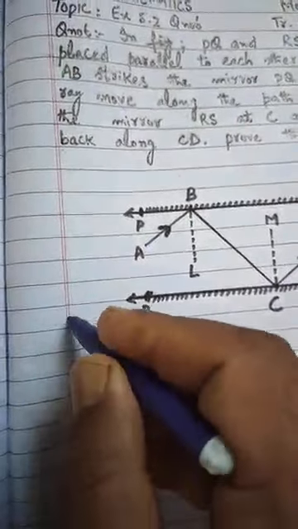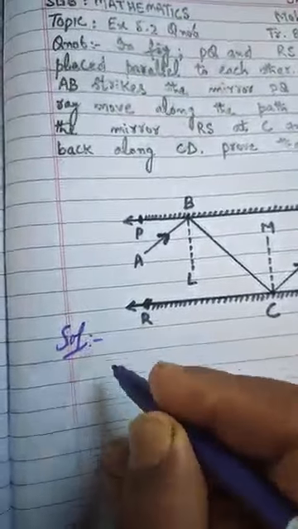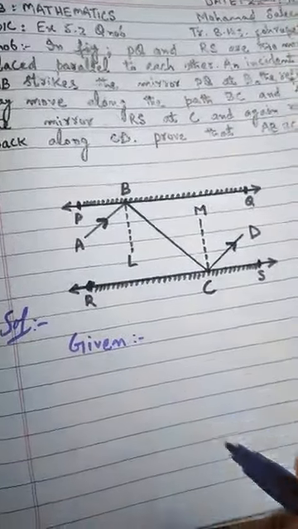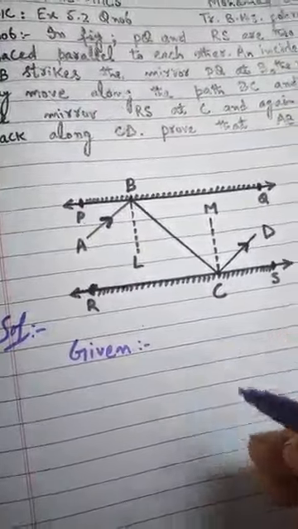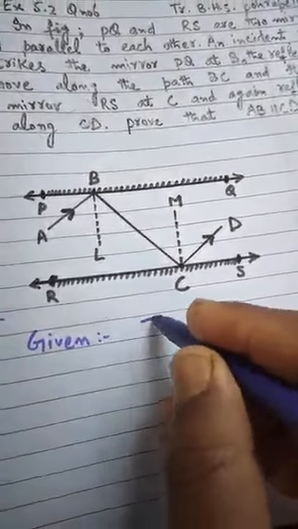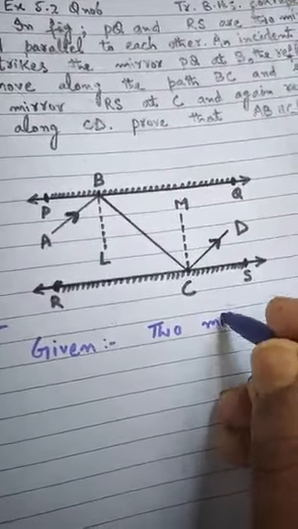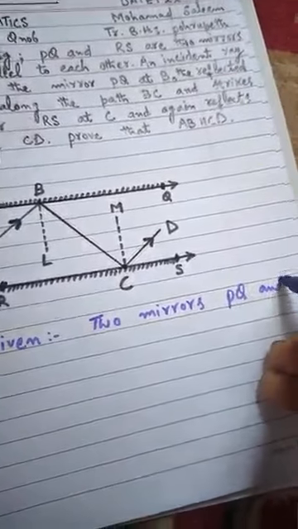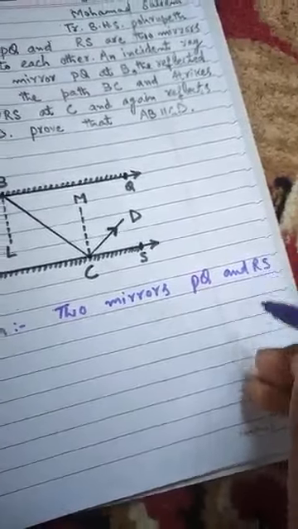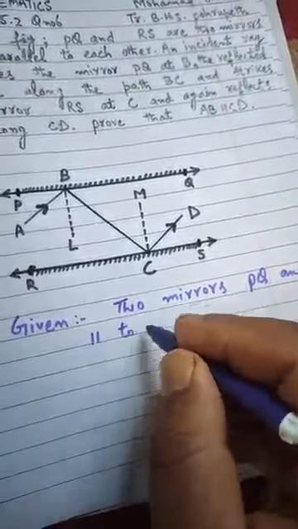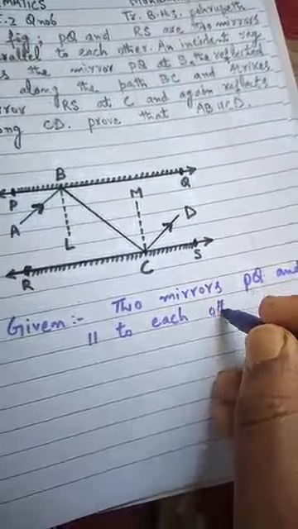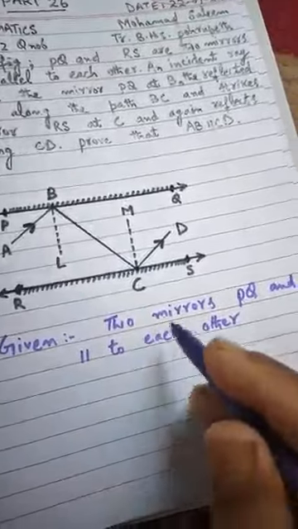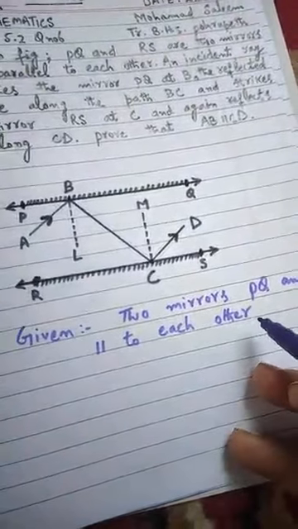First, we will try to write what is given to us. Do we know what is given to us? Yes, two mirrors are there, PQ and RS, parallel to each other.